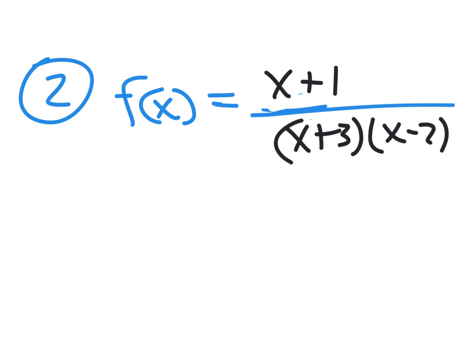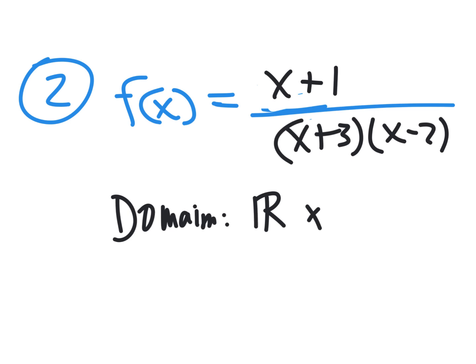Now, what do they actually want to know, Leo? Domain and vertical. Okay, domain. I personally think you're ready to start writing them with big R, all reals, where x cannot be this and x cannot be that. Now, that other way is good too, and it just depends on which way they ask for on the test. If they ask for the kind with parentheses, that's called interval notation. So x cannot be negative 3 and x cannot be 2.